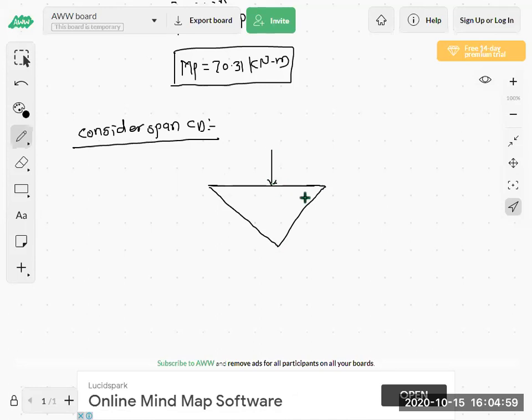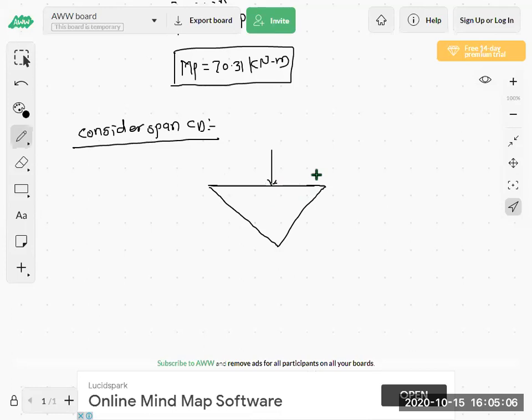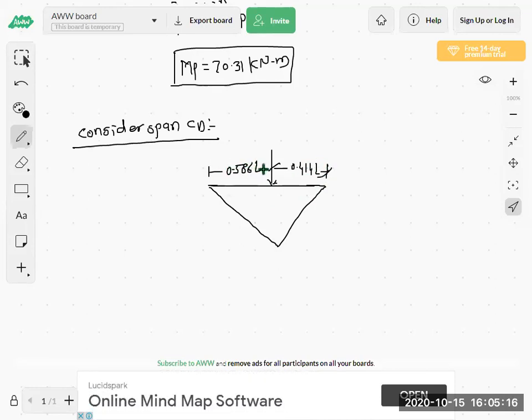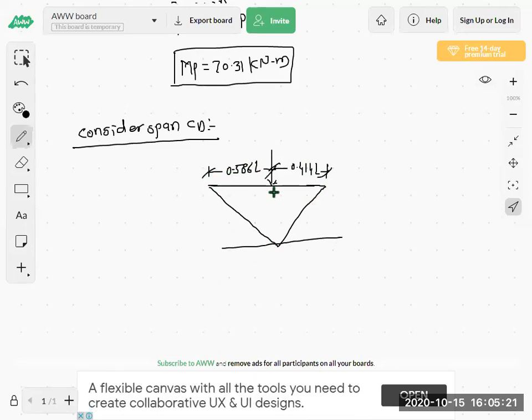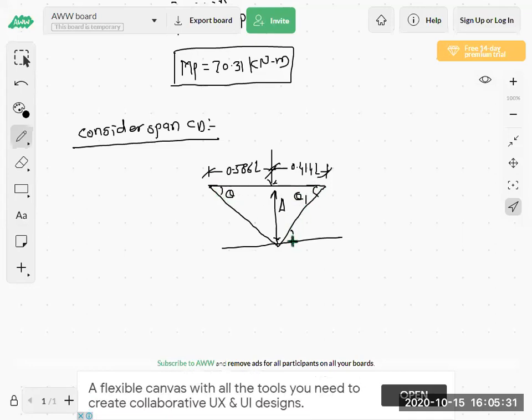Again UDL is there, and again that UDL lies on the end span of the continuous beam. So again here from this support distance is 0.414 L, and from internal support 0.586 L. This is the displacement. Okay, if this is theta, now this rotation is the theta 1. So again this is theta 1, this is theta.